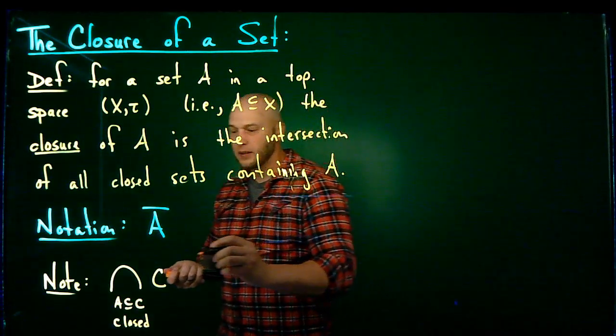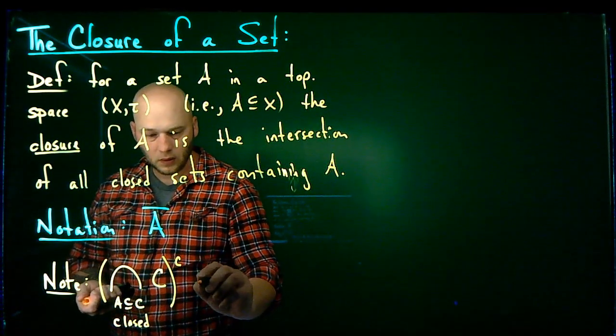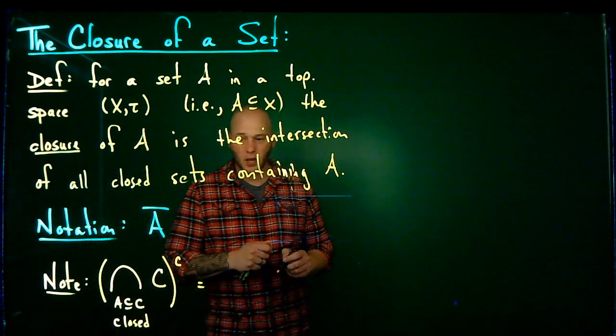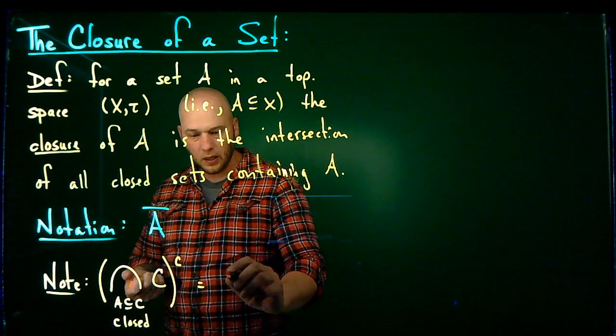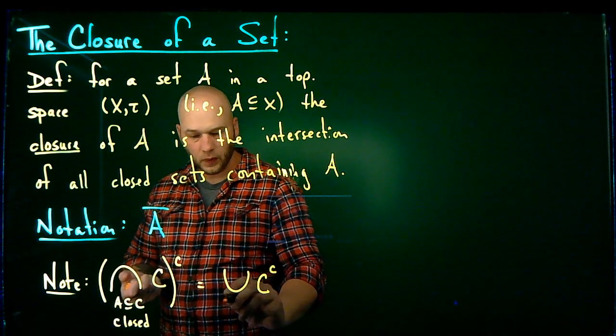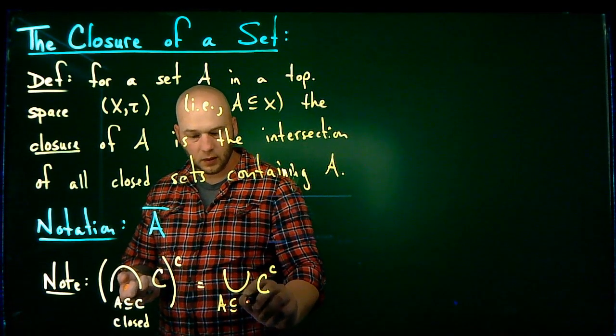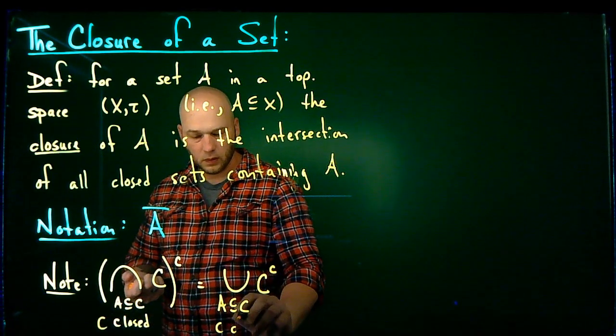Let's go ahead then and take a look at the complement of this particular set. Well, the intersection's complement is going to be the union of the complements, where, of course, A is contained in C, and C is closed.